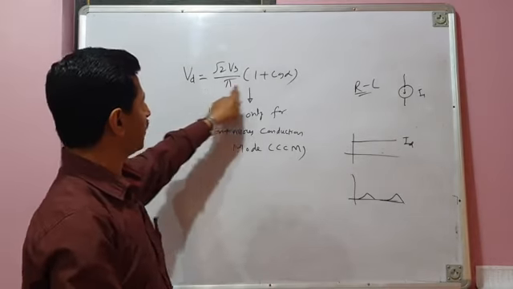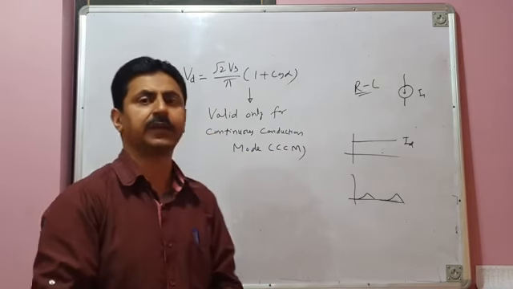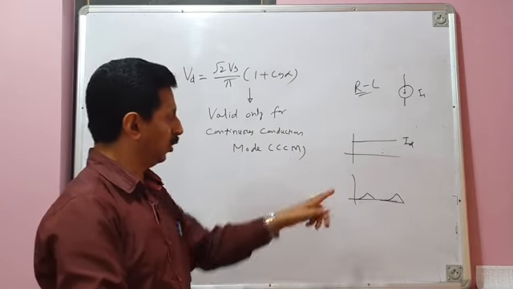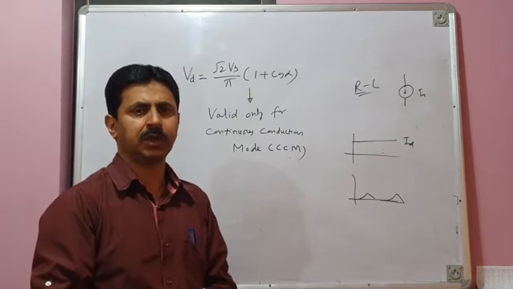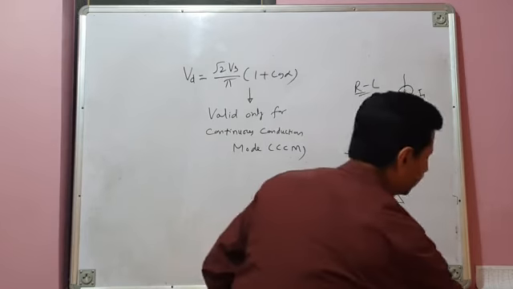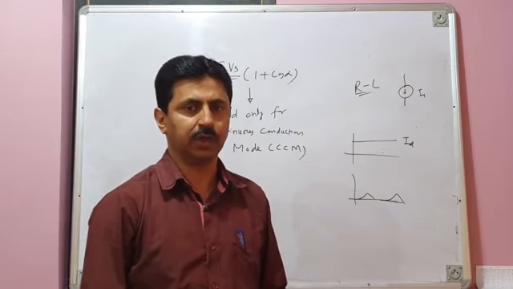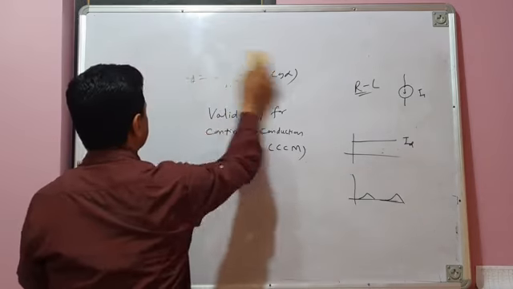This mathematical expression for converter average output voltage is valid only for CCM, not for discontinuous conduction mode of operation. I will explain it later on when we discuss operation of the converter for RLE type load, for active load. It will be very much clear to you.